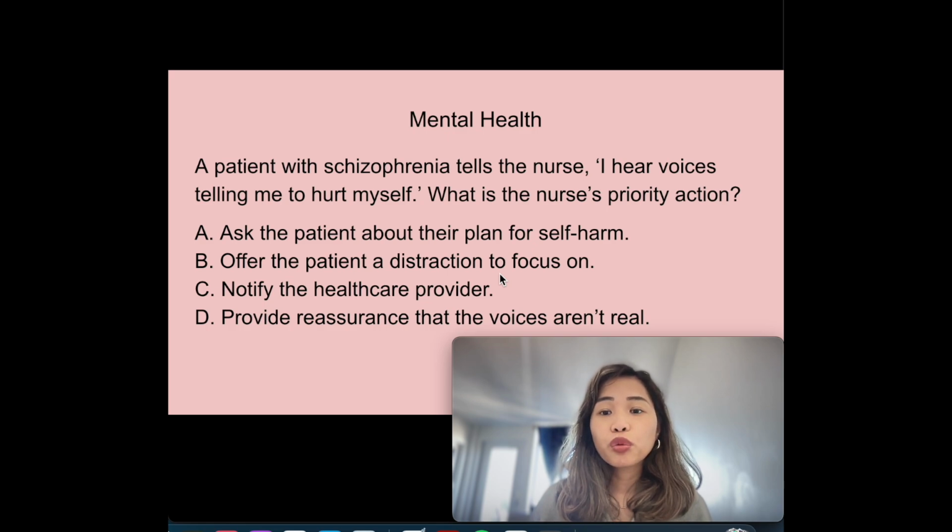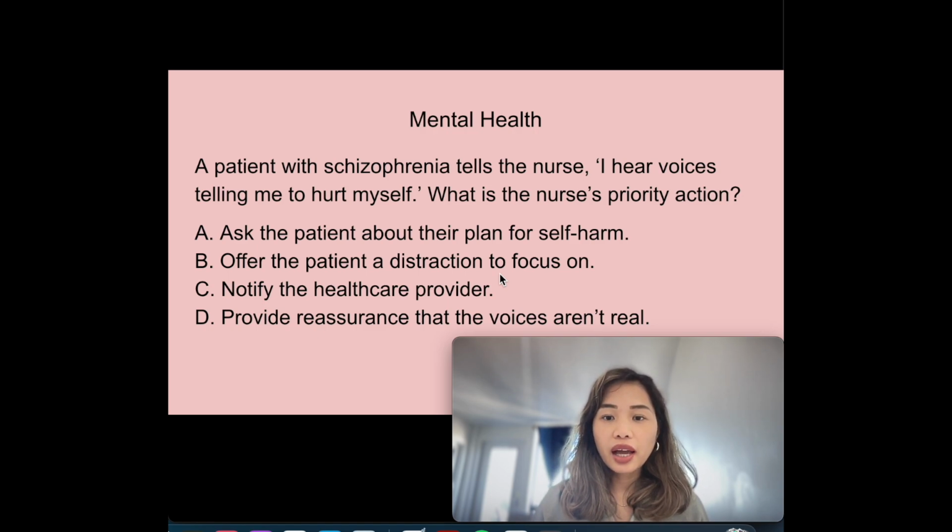With mental health, the key priority is always safety, always addressing and assessing for safety. Looking at the choices: ask the patient about their plan for self-harm, offer the patient a distraction to focus on, notify the healthcare provider, or provide reassurance that the voices aren't real.